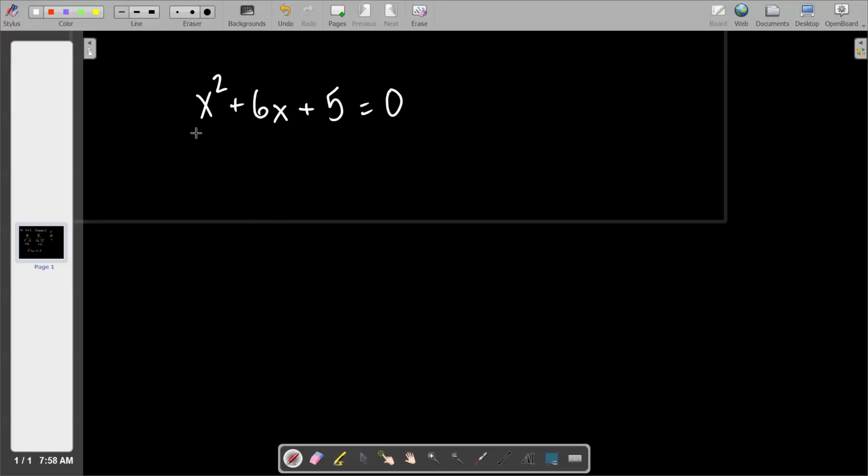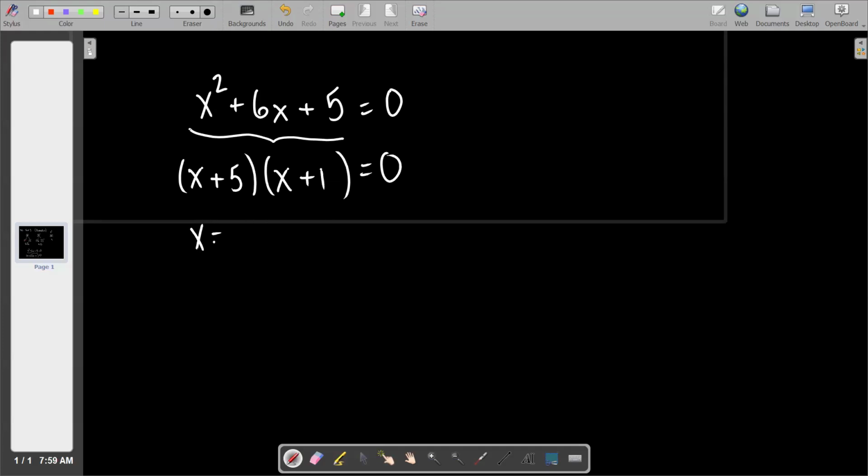So sometimes you can look at a quadratic like this and you set it equal to 0, and then you try to factor down the left side. If you factor the left side, it factors down into x plus 5 times x plus 1. Right. So it'd be pretty old hat for you guys. And then the answers to this equation would be the numbers that make the factors equal 0, right? So negative 5 and negative 1.